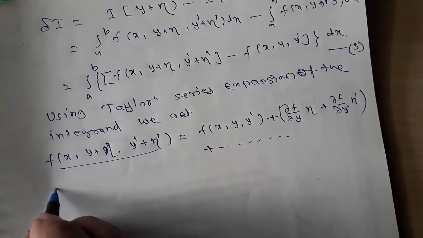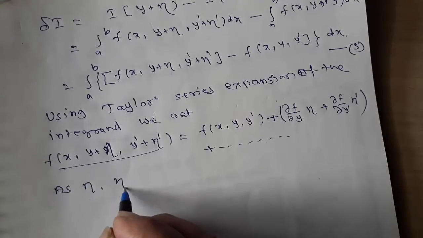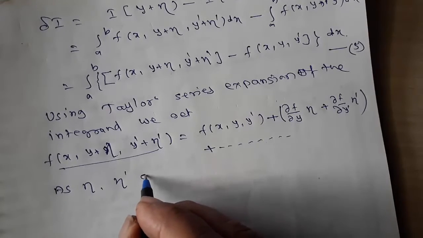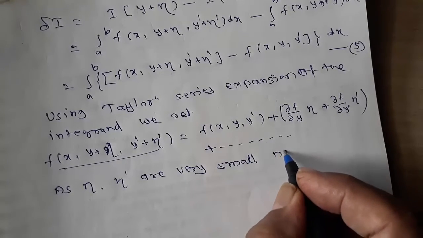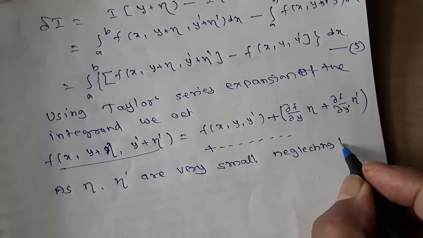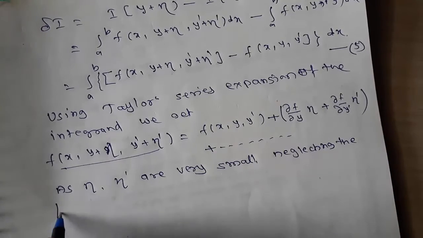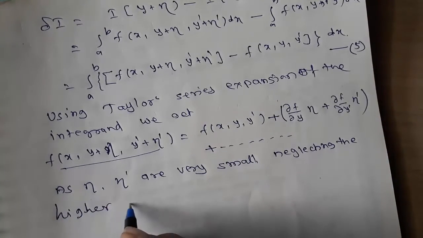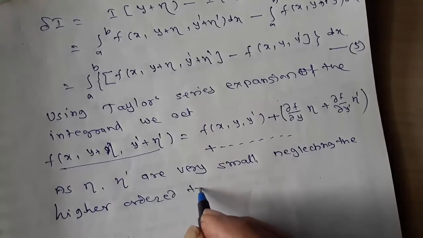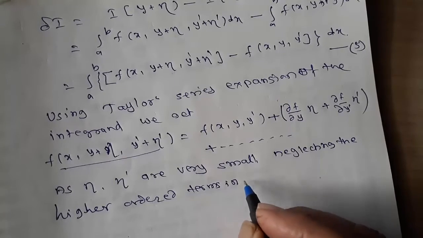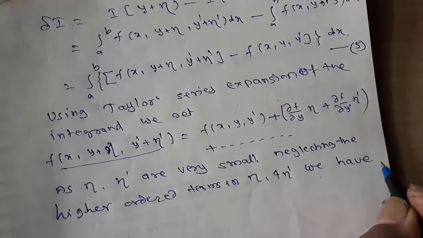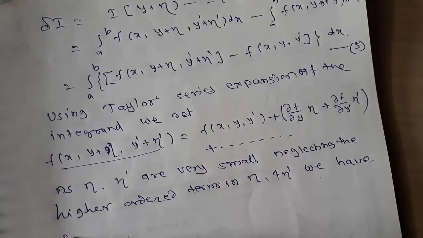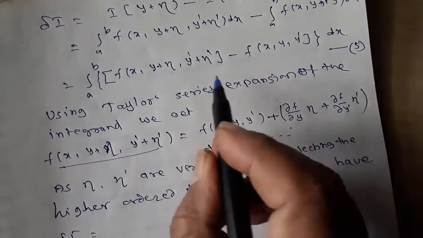As eta and eta dash are very small, neglecting the higher order terms in eta and eta dash, we substitute this value in equation 5.